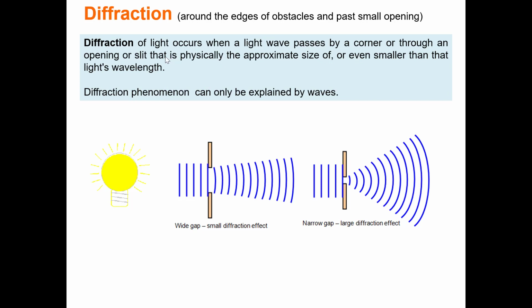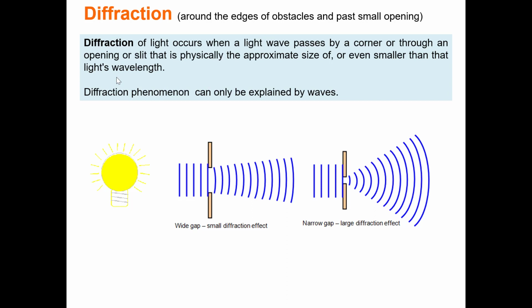or through an opening or slit. The size of the opening can be larger compared with the wavelength of the light, or can be even smaller than the wavelength of the light.